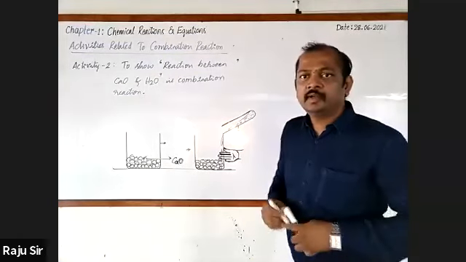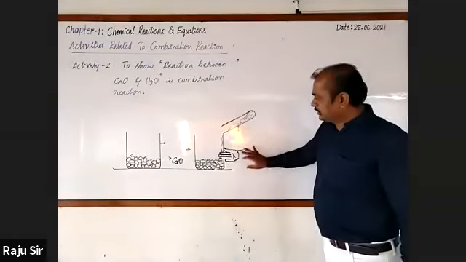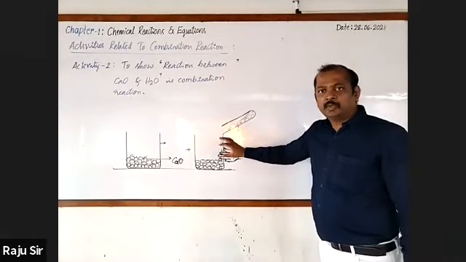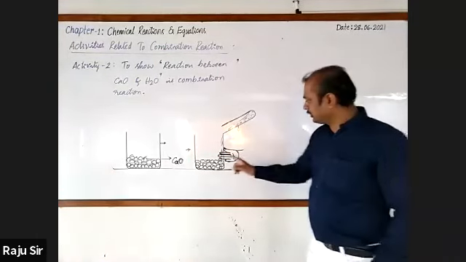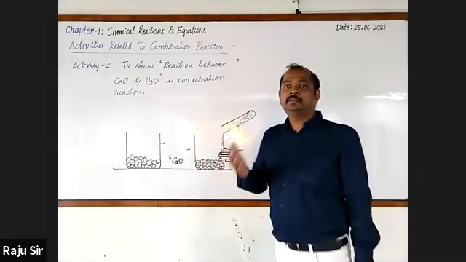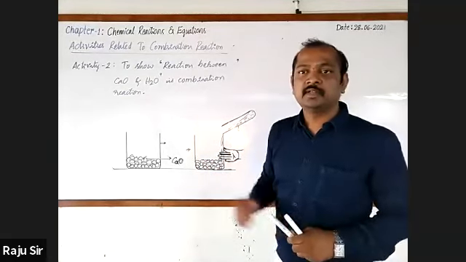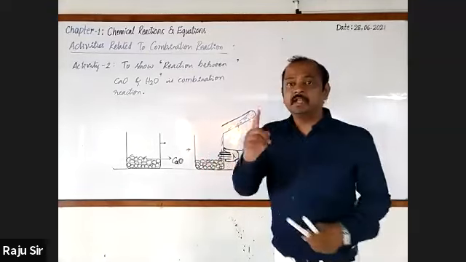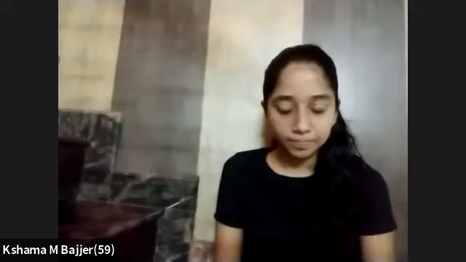Look, when the reaction is taking place, you can come to know that a new substance is formed in the beaker. This new substance is calcium hydroxide. Then just keep observing.